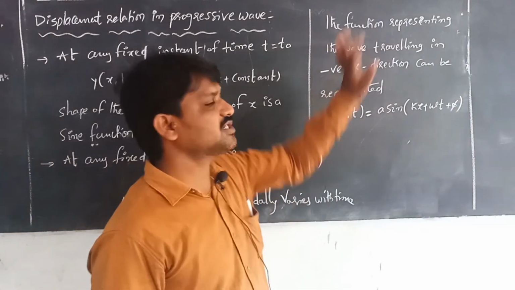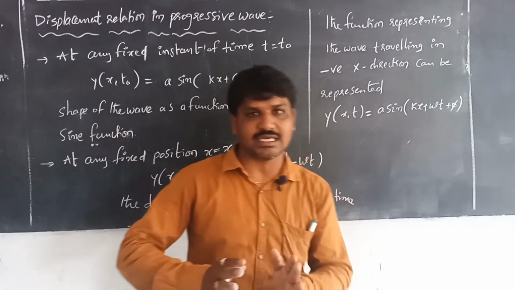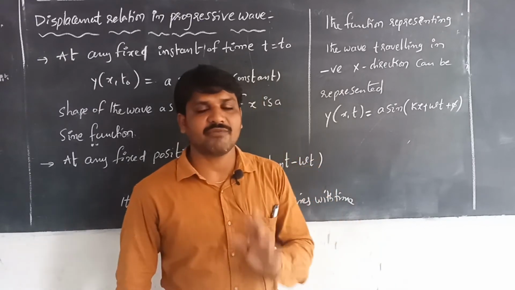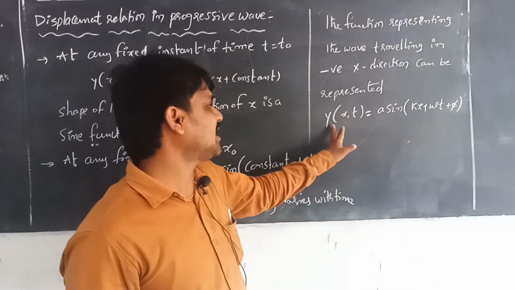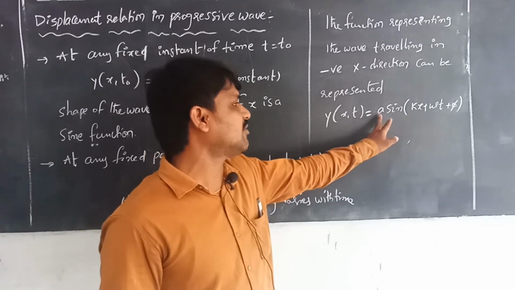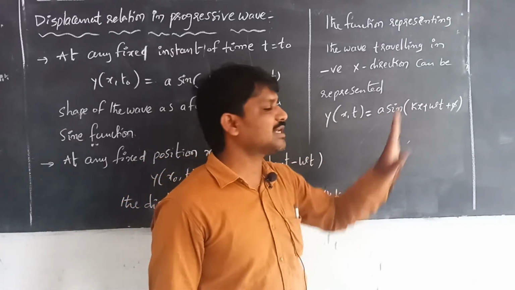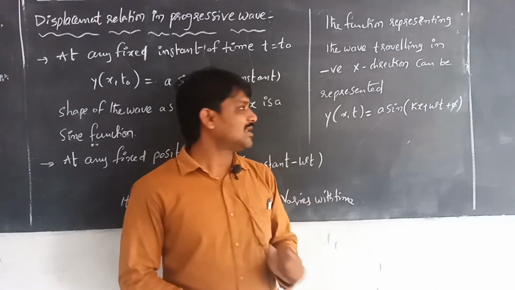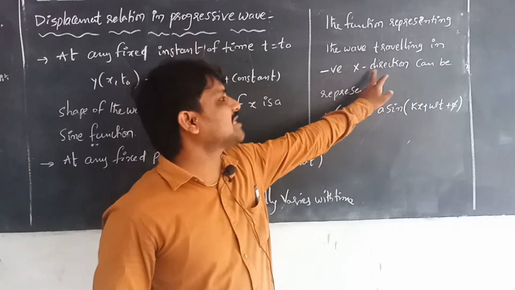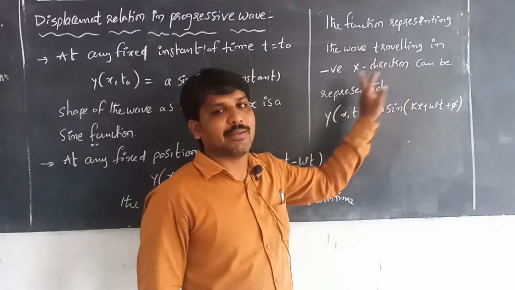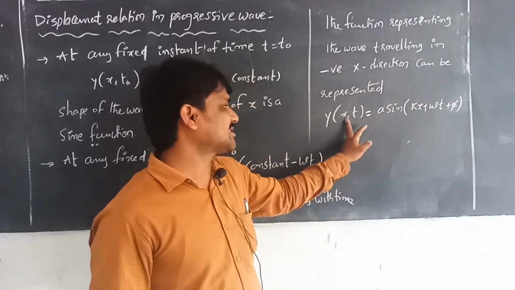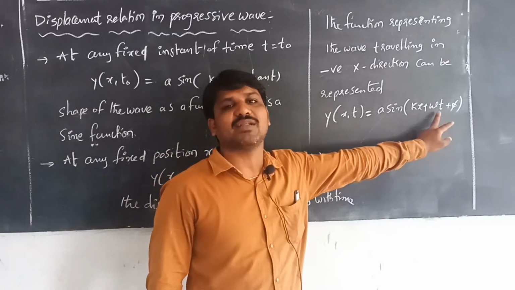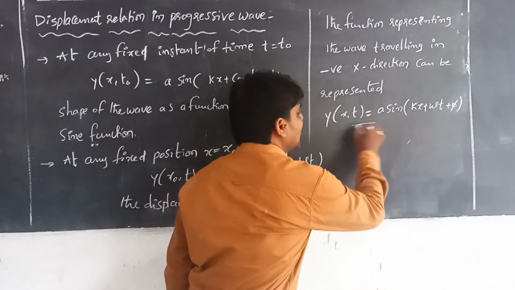So when the wave is traveling in the negative x direction, the displacement relation is y(x,t) = a sin(kx + ωt + φ).